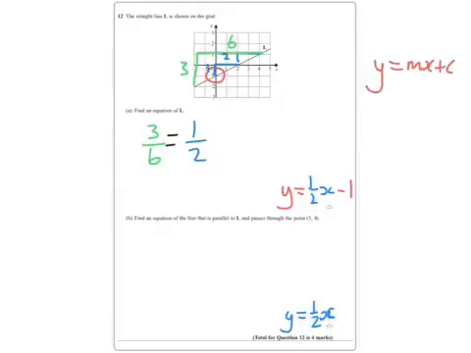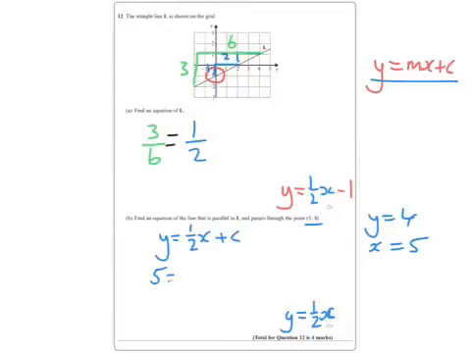Alright. So I'm going to use y equals mx plus c again, and I'm going to swap in y equals 4 and x equals 5, which are taken from the point here. So y equals 4, x equals 5. Alright, and I'm going to say, well, y equals mx plus c, I've got y equals a half x plus c, so 4 equals a half times 5 plus c, sorry, I do apologise, the wrong way round.